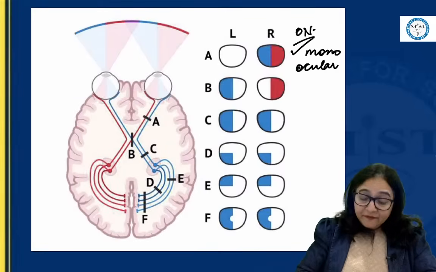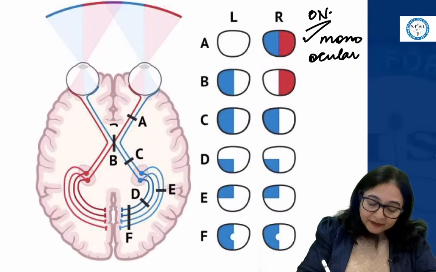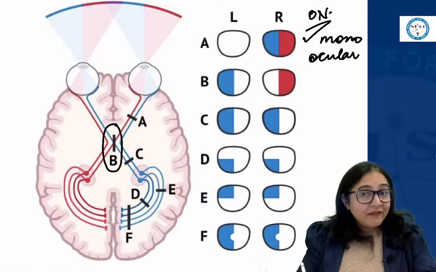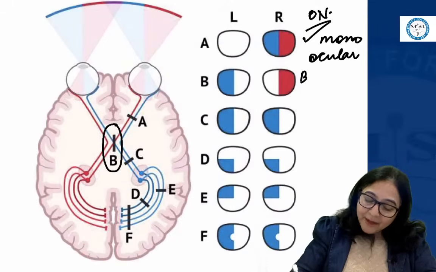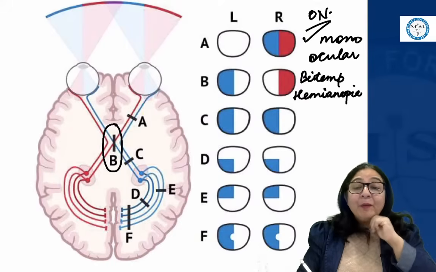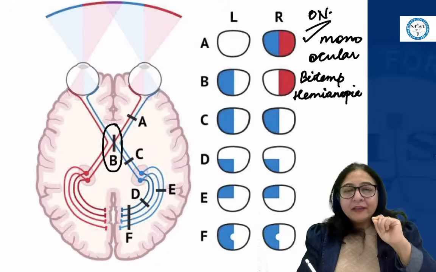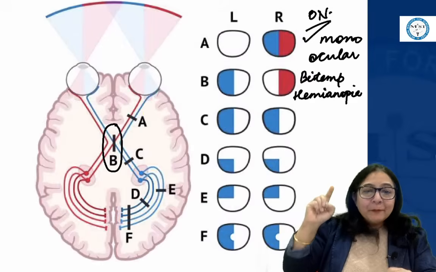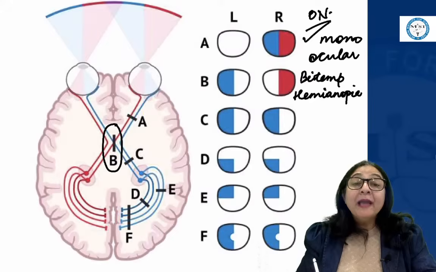If the lesion is in the central part of the optic chiasma, as it is marked here, because the nasal fibers are being affected, it will cause bitemporal hemianopia, where the temporal half of both eyes is gone. Most commonly, it is pituitary tumors like pituitary adenoma or craniopharyngioma which cause compression of the central optic chiasma, leading to bitemporal hemianopia.